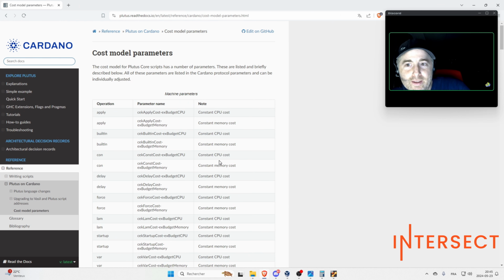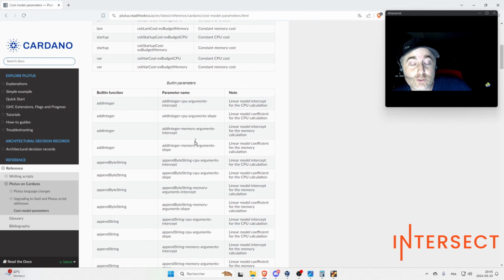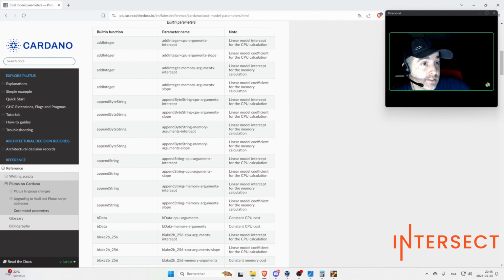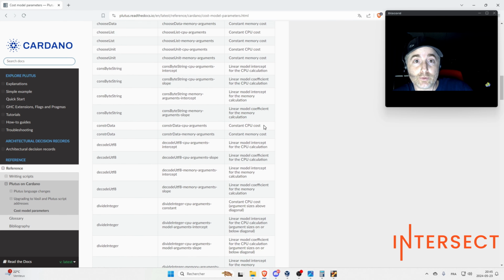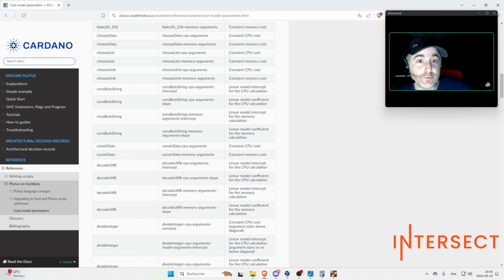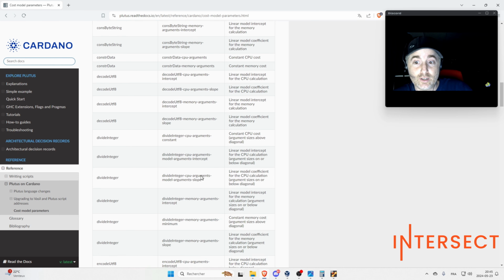Each one of these parameters is pretty much the cost of everything you do, every resource that you use as a stake pool operator to run those scripts. Linear model, coefficient for CPU calculation.